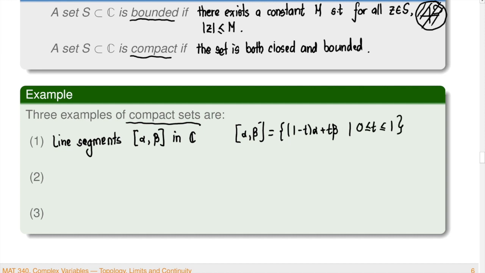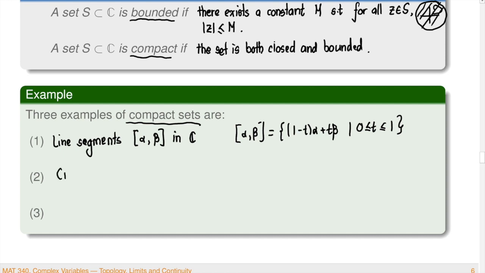When t is 0, we're at alpha, when t is 1, we're at beta. So this is a segment joining alpha and beta. That's going to be compact because you can show that line segments are both closed and bounded. That's going to be a nice homework question.